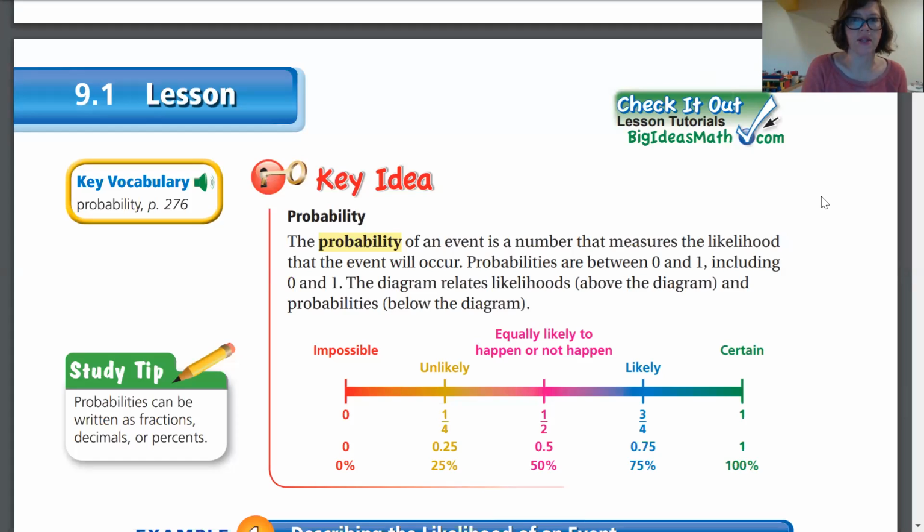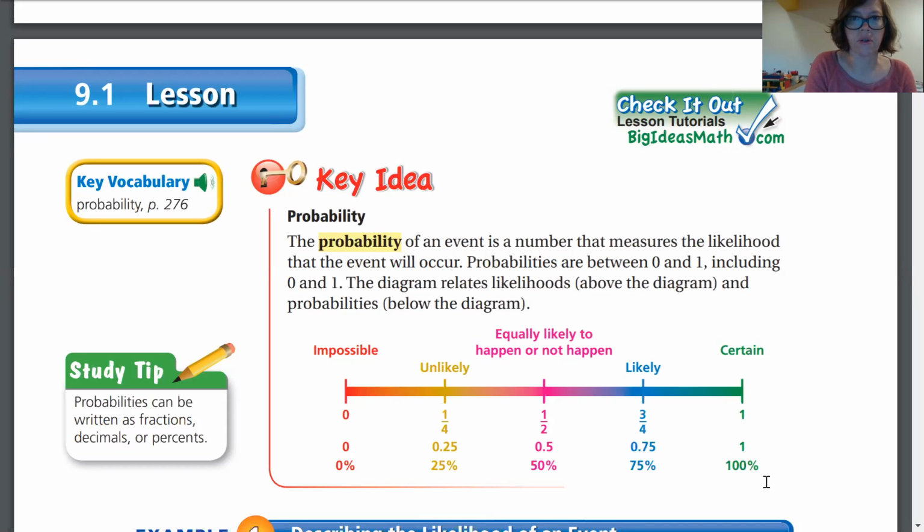The diagram relates likelihoods, which are listed above the diagram: impossible, unlikely, equally likely to happen or not happen, likely, and certain. And below the diagram, we have the probability: 0%, 25%, 50%, 75%, 100%. Which is also like what we saw in the video.